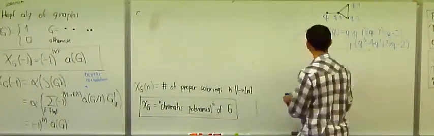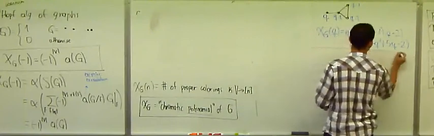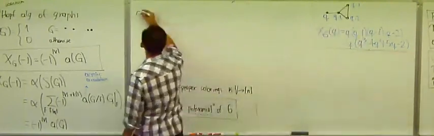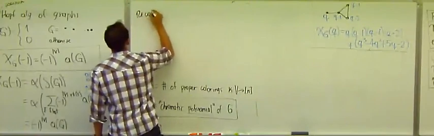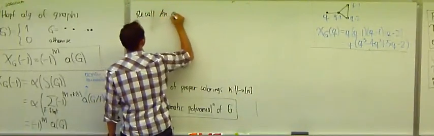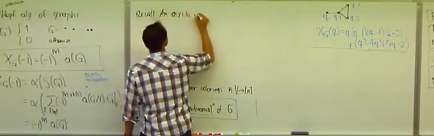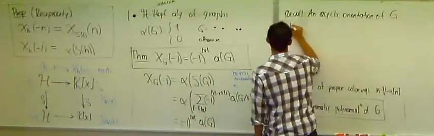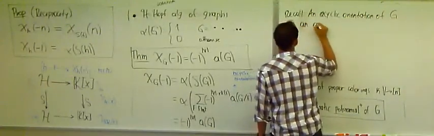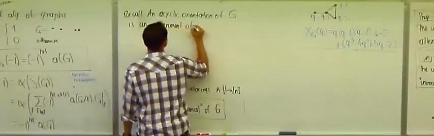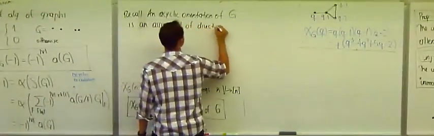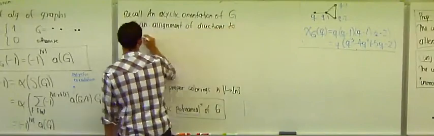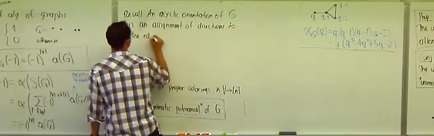So recall that an acyclic orientation of my graph is an assignment of directions to the edges which produces no cycles.